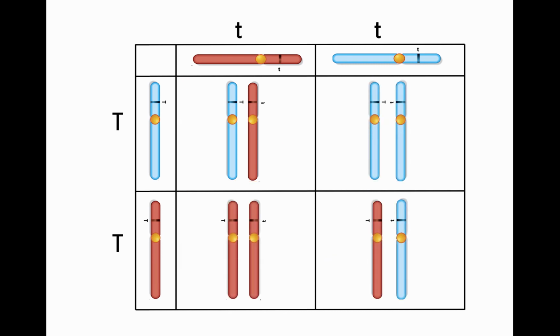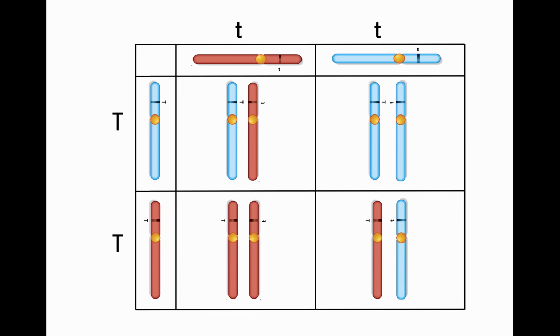So everybody in the F1 is going to be heterozygous, big T, little t. And the only difference here is whether the cells of the offspring contain the chromosomes from mom and dad, or just from dad or mom. Now, we don't worry about that. All we care about is the combinations of alleles.